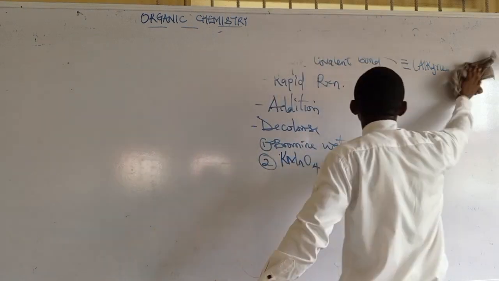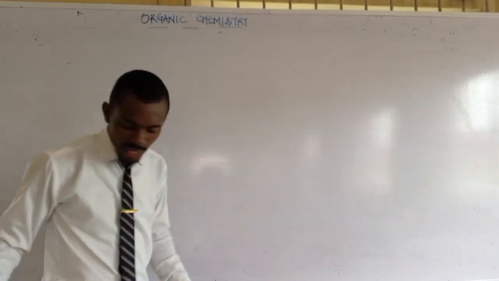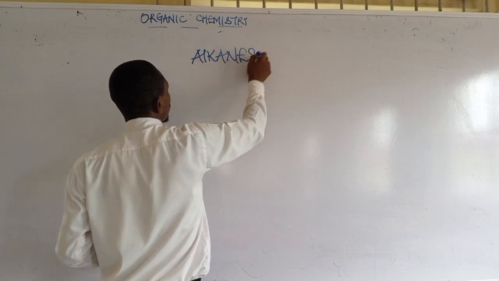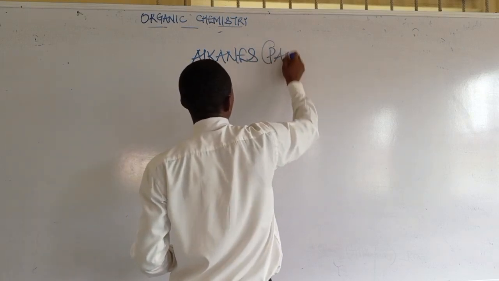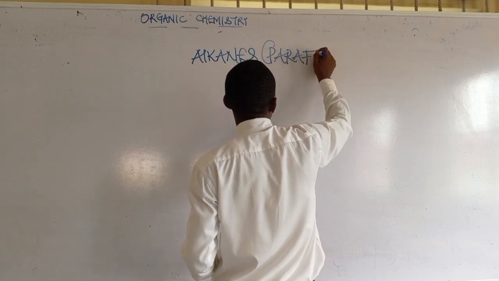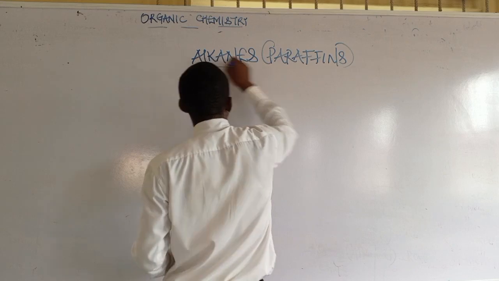Now let's look at the three homologues of today's discussion. The first being alkanes. Alkanes are also known as paraffins. They are oil formers.